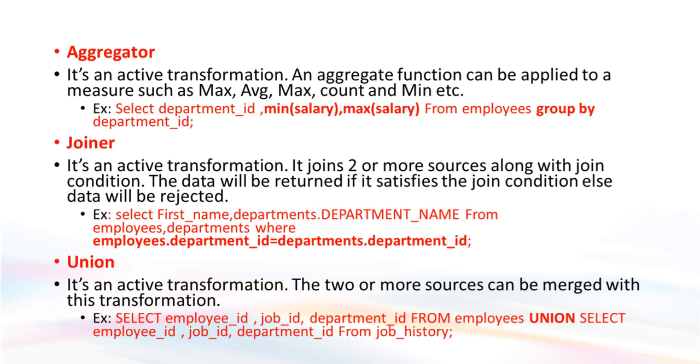This is also an active transformation because we use minimum salary, maximum salary, and also we are applying group by. Group by itself is a condition. Whenever a condition comes into the picture, that becomes an active transformation because the count of the number of records will vary. It will not be the same. An aggregate function can be applied to a measure such as max, average, count and minimum.